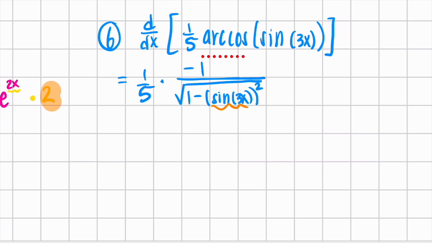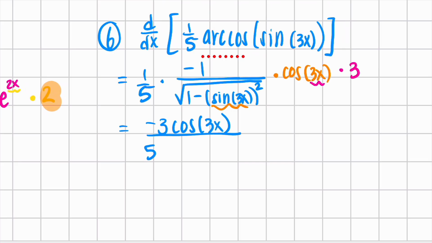Chain rule the sine of 3x. The derivative of sine is cosine, so I have cosine of 3x. We also need to chain rule the 3x, so I'm multiplying by 3. Simplify from here, I'm going to have negative 3 cosine of 3x over 5 times the square root of 1 minus sine squared 3x.